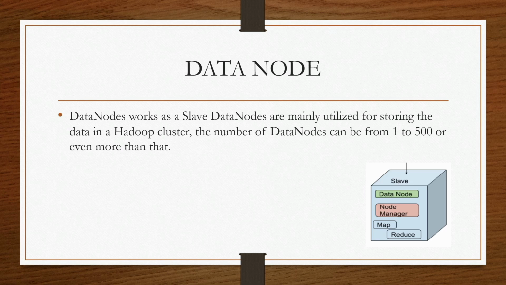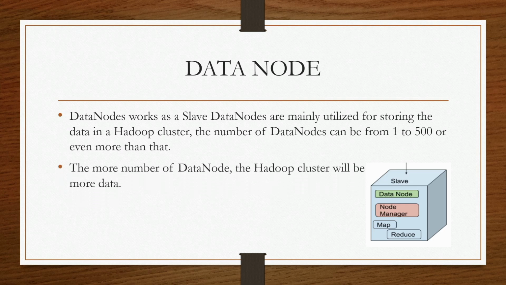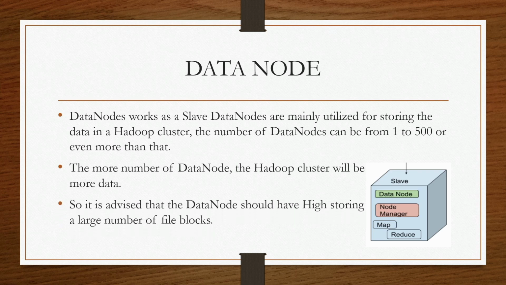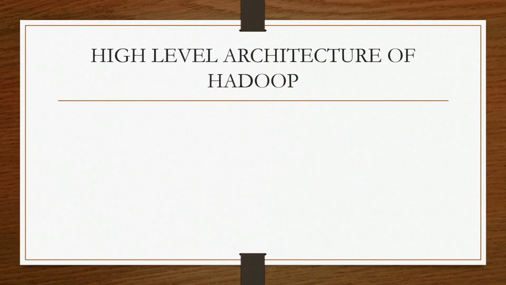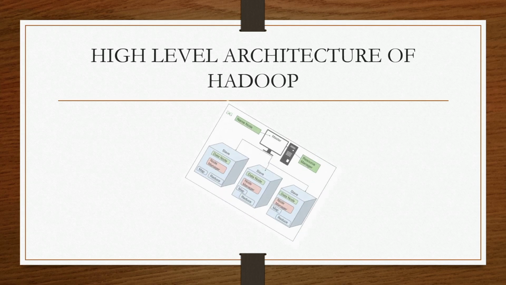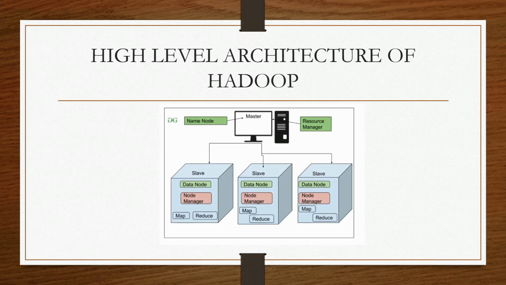So it is advised that the data node should have a high storage capacity to store a large number of file blocks. The high-level architecture of Hadoop. Here is an example of how a name node and a data node work.